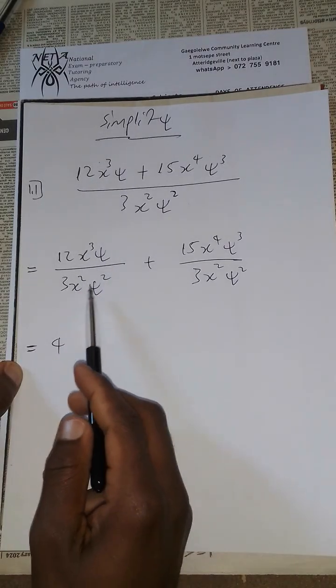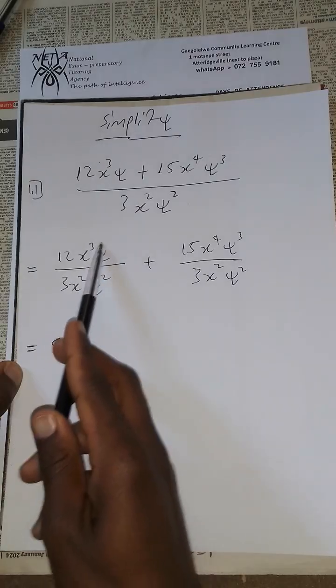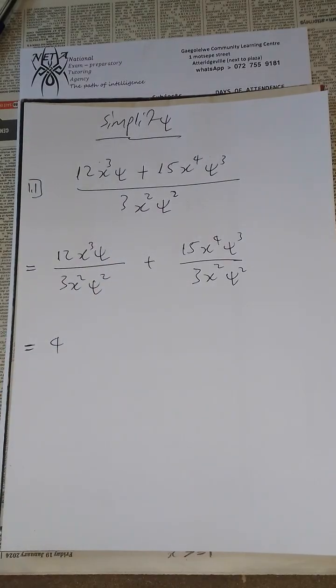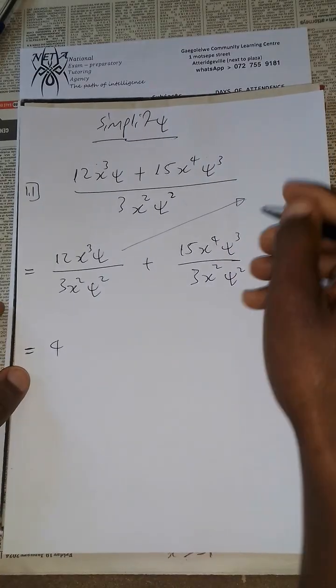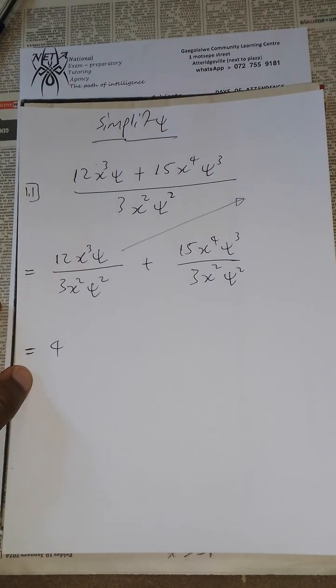You're going to have to divide x cubed by x squared, and the rule says, this is a rule that existed 10,000 years ago, and it's still going to exist 1,000 years to come. So you have found it and you have to apply it. The rule says that if you are dividing numbers of the same base, you have to subtract the exponents.